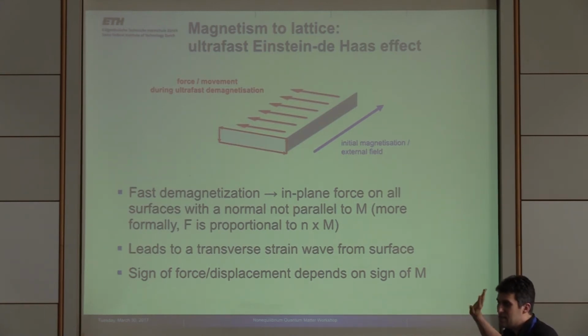Is there supposed to be the inverse effect where you can magnetize? There is, yes, you can do that. That experiment was done at about the same time as the original Einstein-de Haas experiment. I think it's called the Barnett effect, if I remember right. Yeah, he was American.